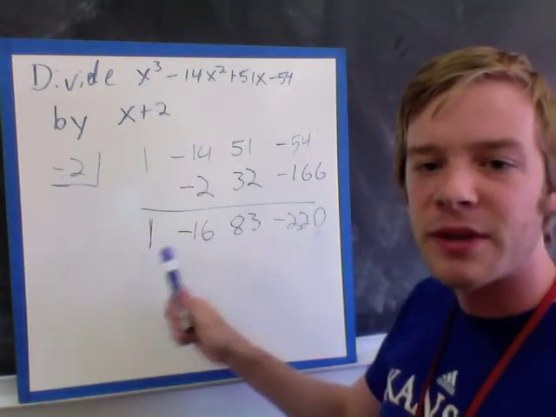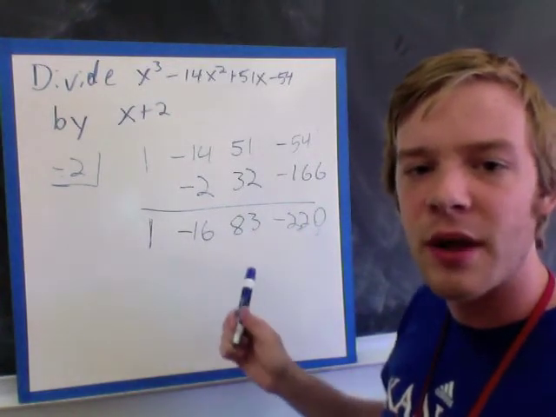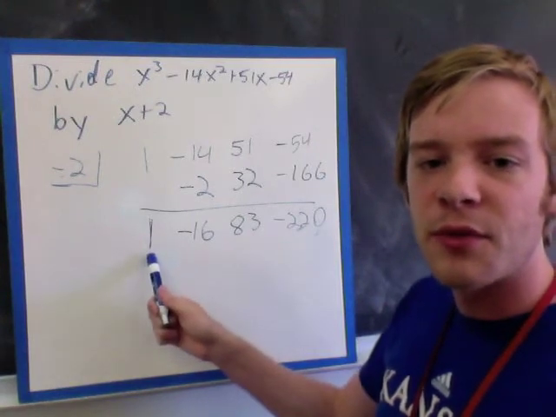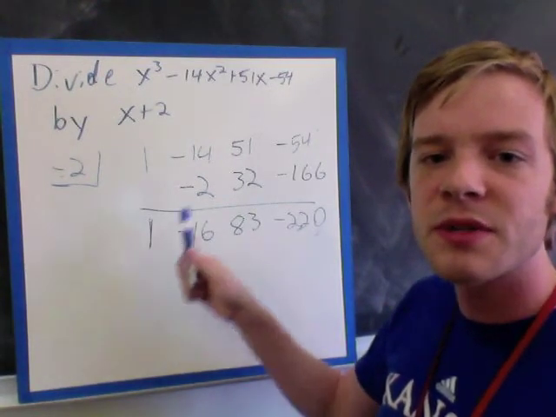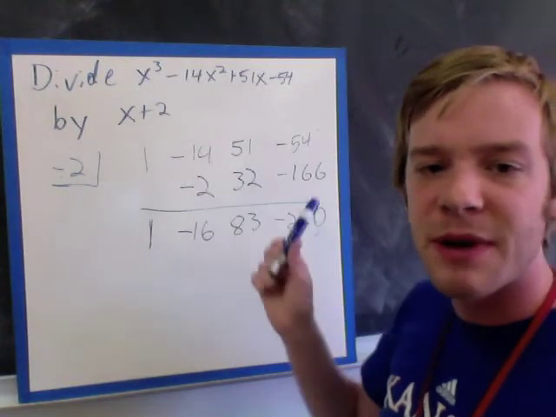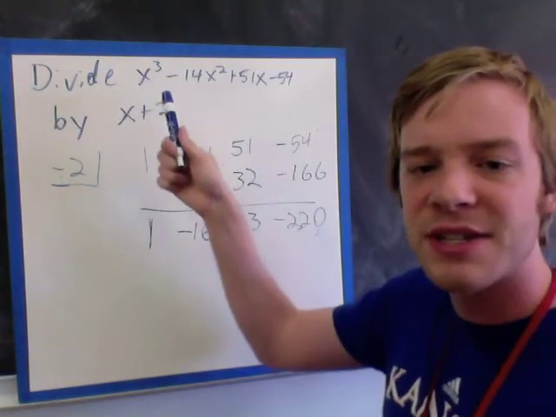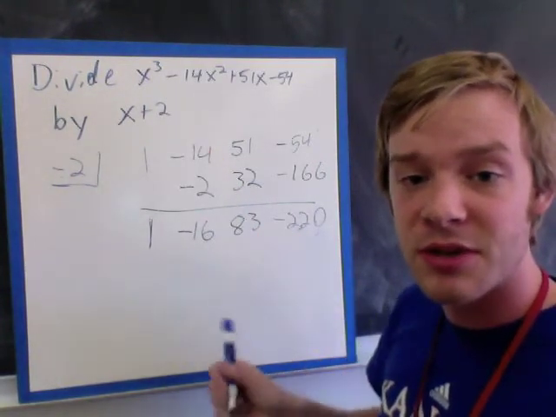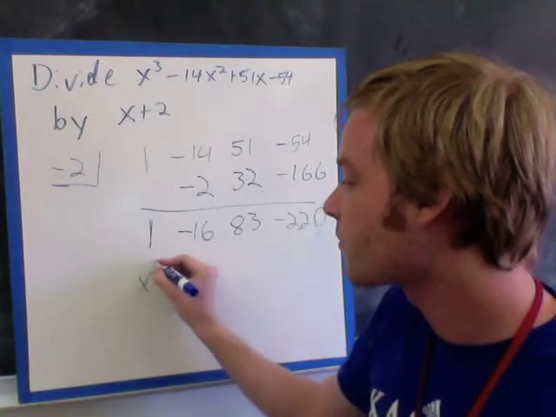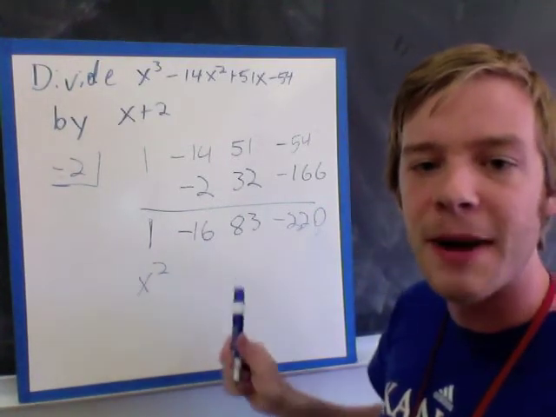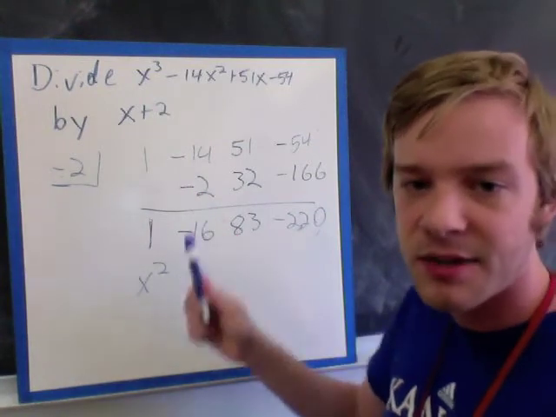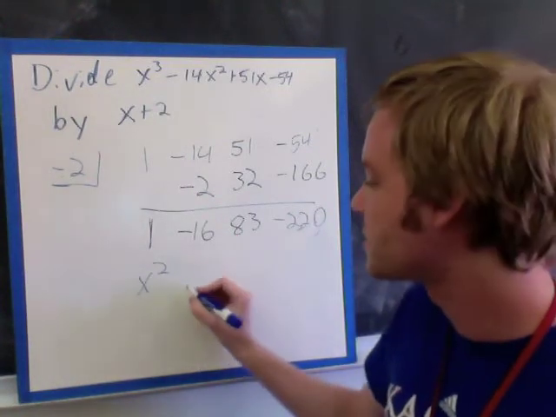So we get these numbers here, but what do they actually mean? Well, the first number you get here is always going to be x to one less power than you start with. We started with x to the third power, so this is going to be x squared. Then we'll have minus 16x, because we just go down in powers from here.